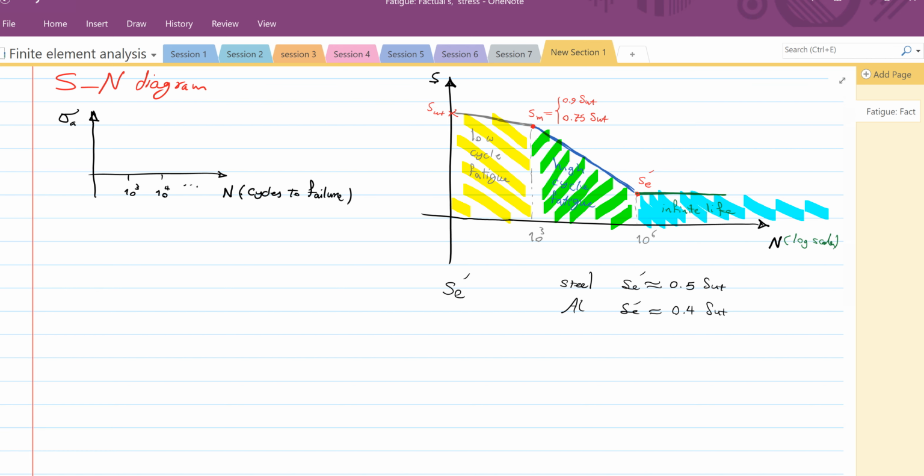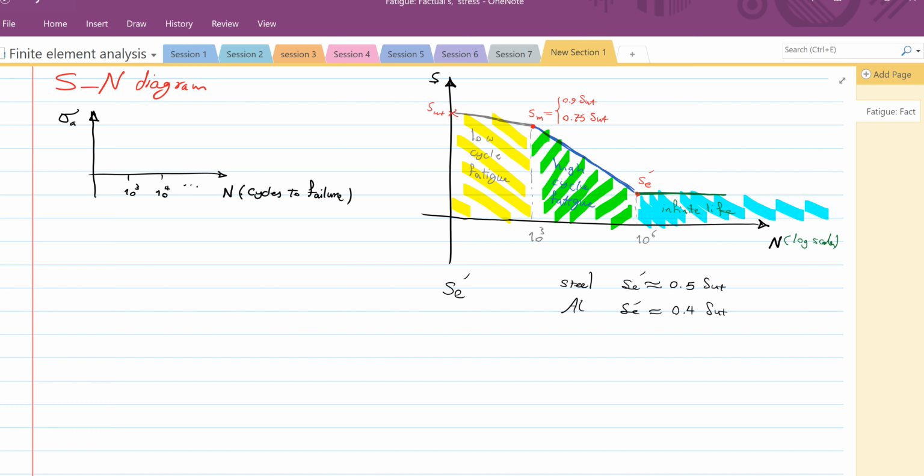And that is why some people, when they design for static load and their design has some cycling loading, later they are going to have a very disastrous failure at lower stresses, because their design reached SE prime, or ideal endurance limit.